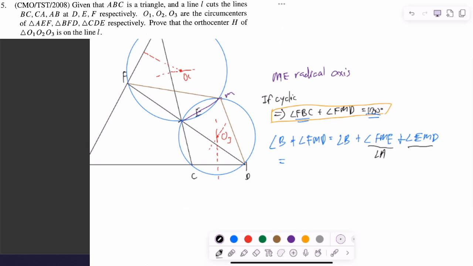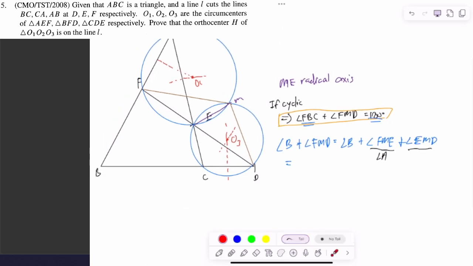For EMD, it's a bit different. EMD is this, right? EMD is 180 degrees minus the opposite angle, by the cyclic quad property, which is ECD. What is this also?